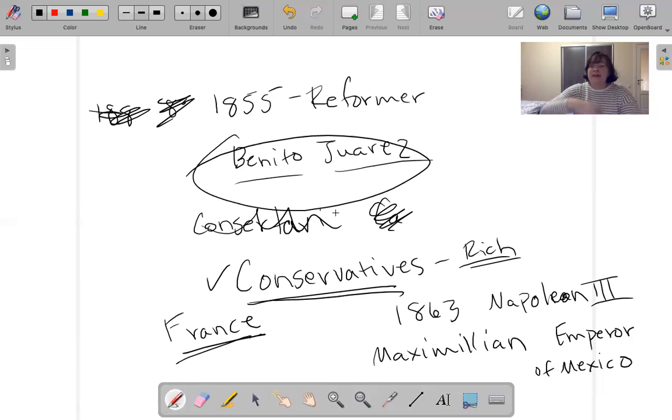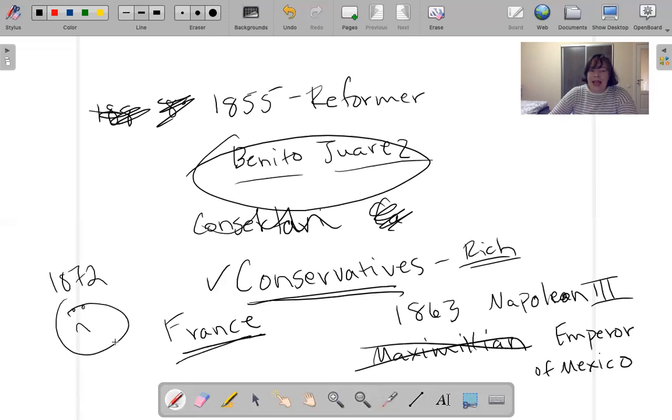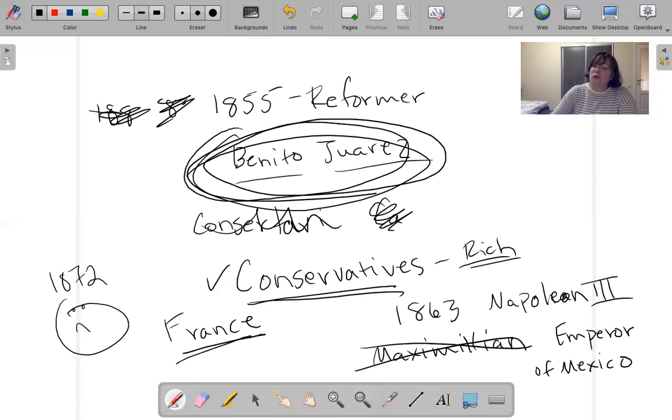And when they pulled their soldiers out, Benito Juarez's people got stronger and they killed Maximilian. They executed him. Then in 1872, Benito Juarez died. It was a sad day because he was a really, really good man for the people. And the people of Mexico still really, really praise this guy's name because he cared about the people.